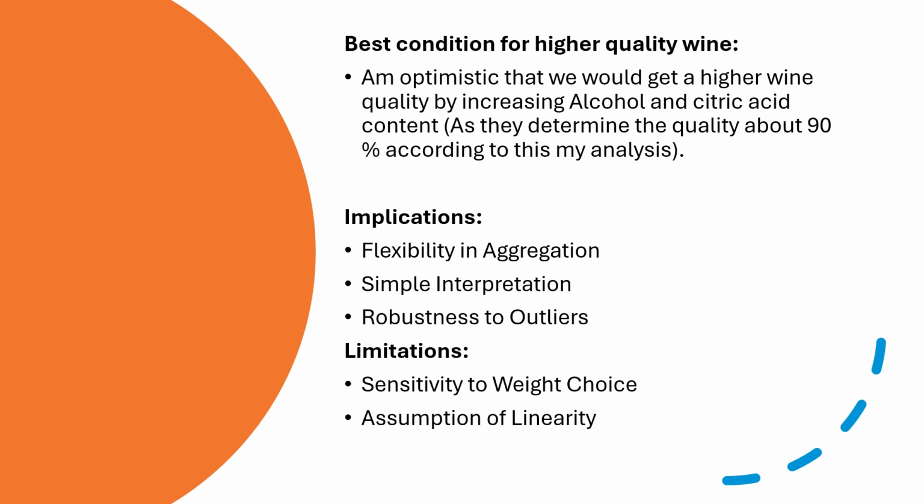Implications: flexibility in aggregation, simple interpretation, and robustness to outliers. Then our limitations, as far as this is concerned: we have sensitivity to weight choice, then our assumption of linearity.